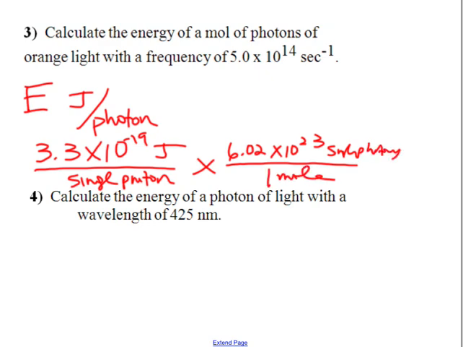So to 2 sig figs, what would my answer be? 2.0 times 10 to the 5th joules per mole of photons.